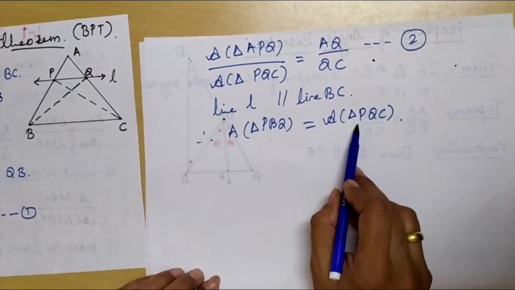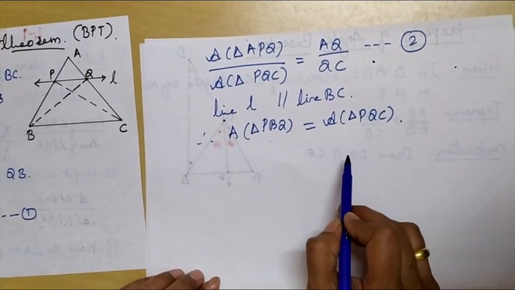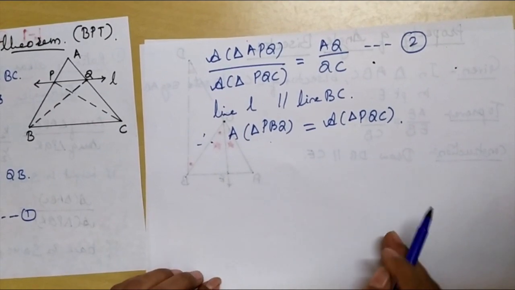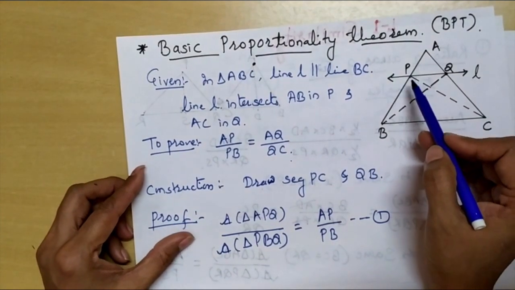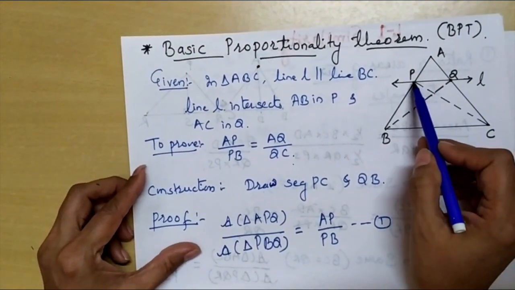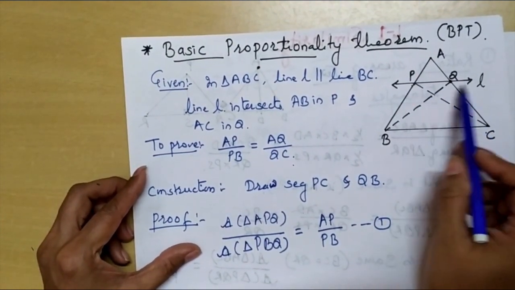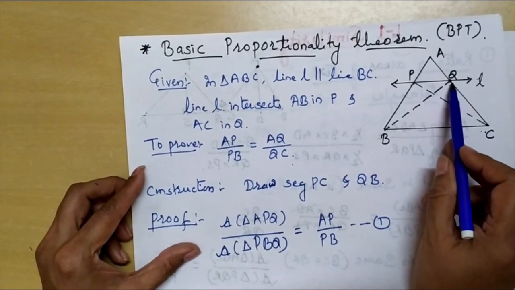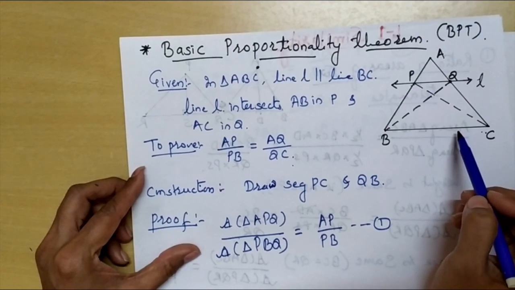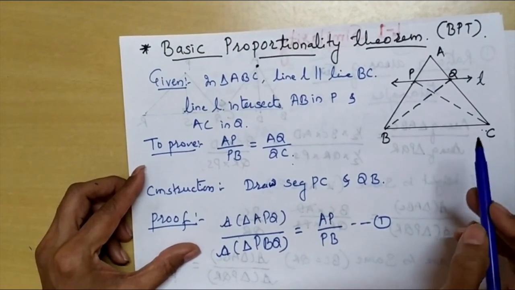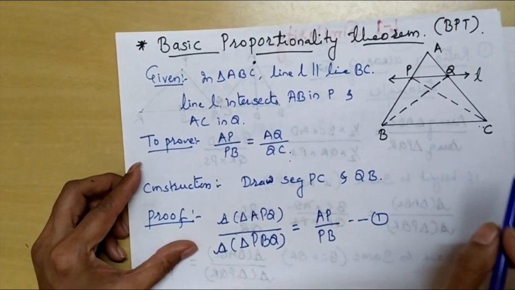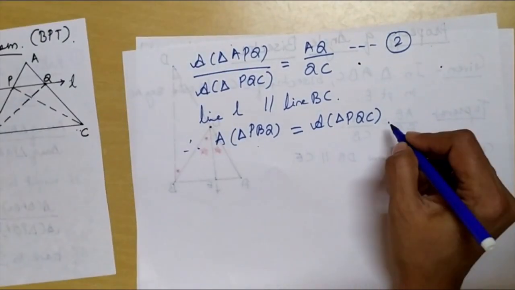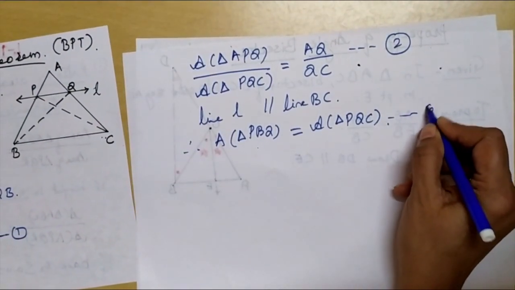Because these two triangles PBQ and PQC are between the two parallel lines, they will have the same base and they will have the same height. So due to that, their areas will be equal. So let us consider this as equation third.